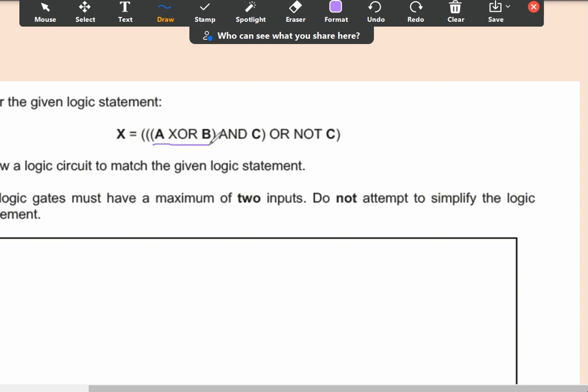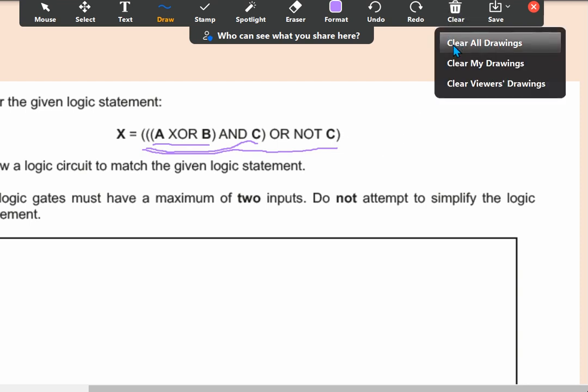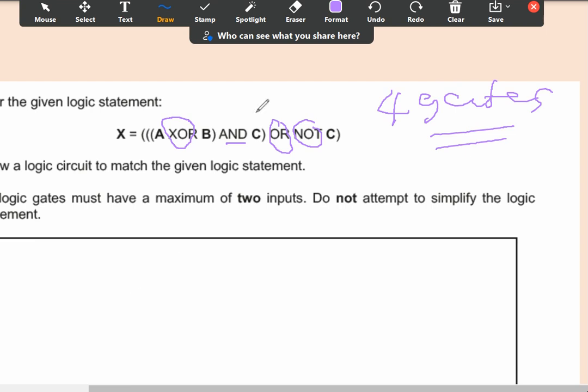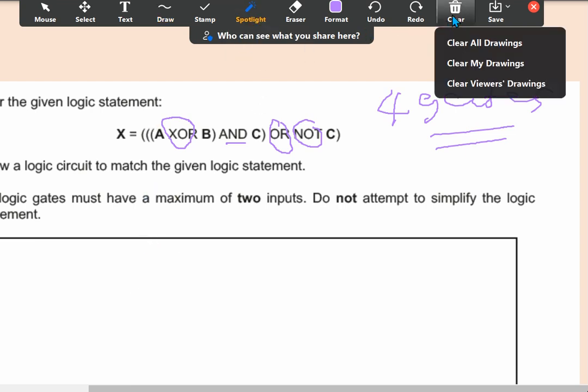So we have A XOR B, followed by the A XOR B and C, and lastly we have the A XOR B and C or not Z. Meaning, if I try to figure out the number of gates here, we have to base it on the given conditions. So the first gate is the NOT gate, we have the OR gate, we have the AND gate, and the XOR gate. So clearly, you are to expect 4 gates in our logic circuit to be drawn in this area.